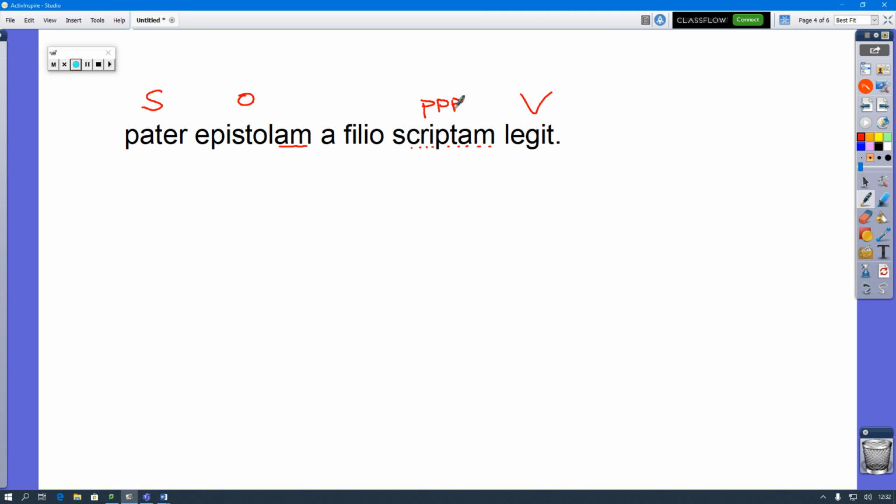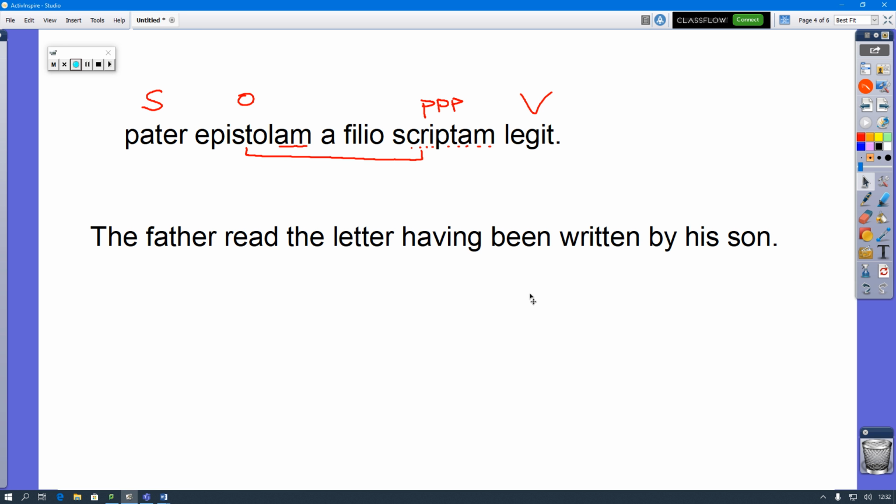Now the next job is to make sure that I know what it's agreeing with. And what I'm going to do is take a line all the way back from scriptam to the word epistolam, which it must agree with. You see it's got the same ending in this case. So, pater epistolam a filio scriptam legit, it tells me that pater is the subject, the father, legit is the verb, read, and then what he read was a letter having been written by his son.